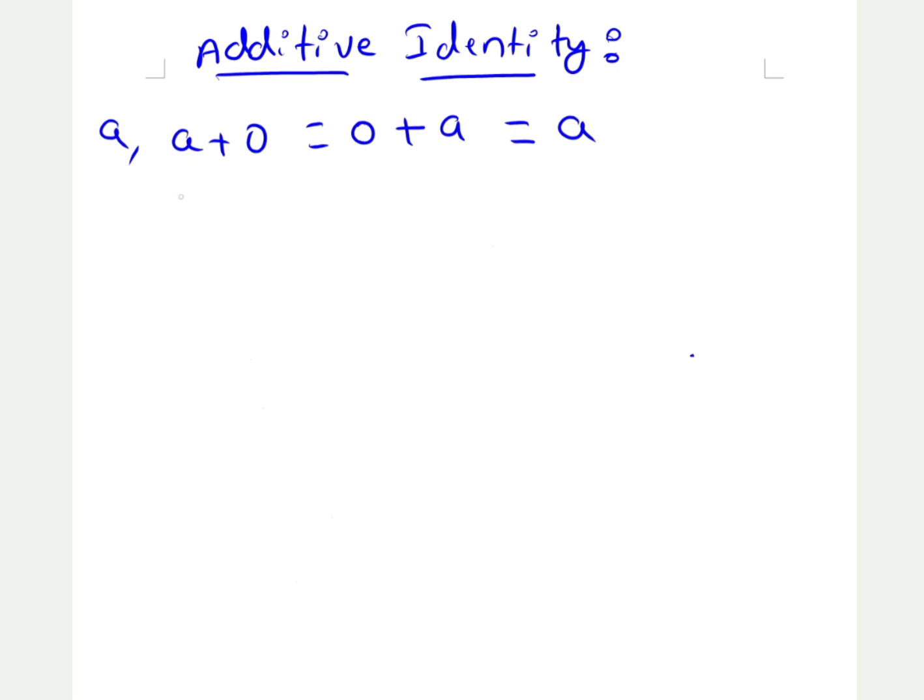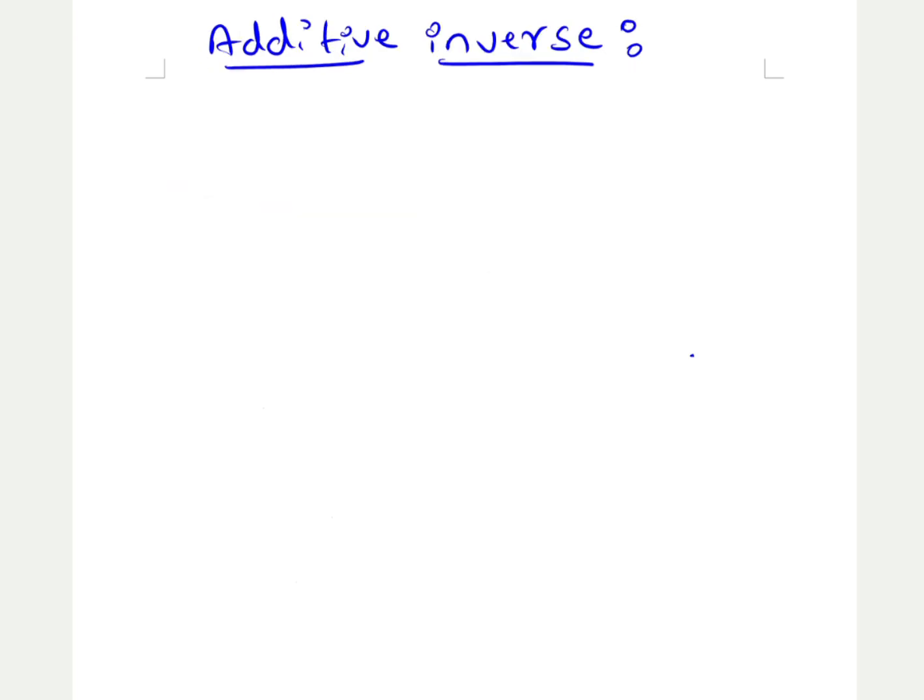For example, take a as 2. 2 plus 0 is equal to 2. 0 plus 2 is equal to 2. So therefore 0 is the additive identity. Next one is additive inverse.